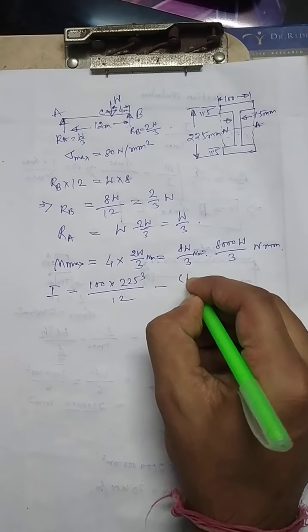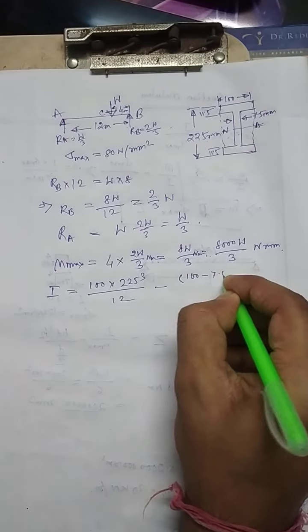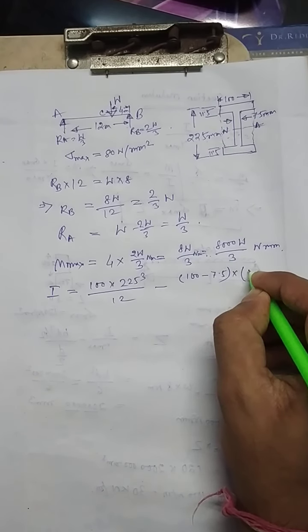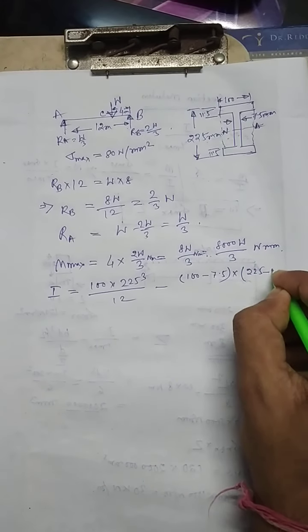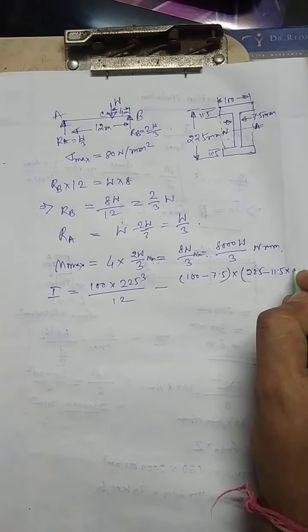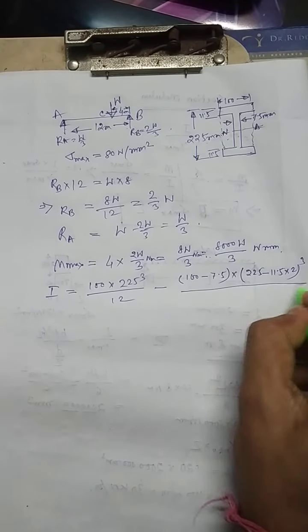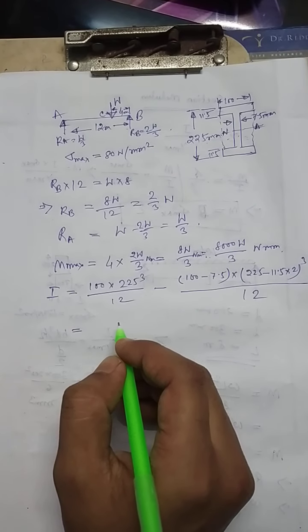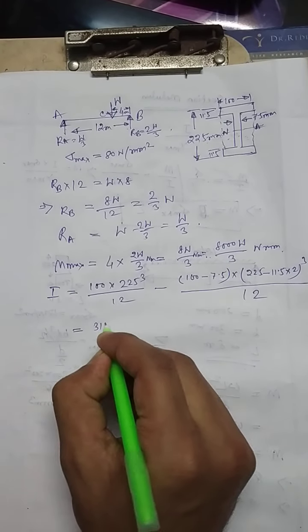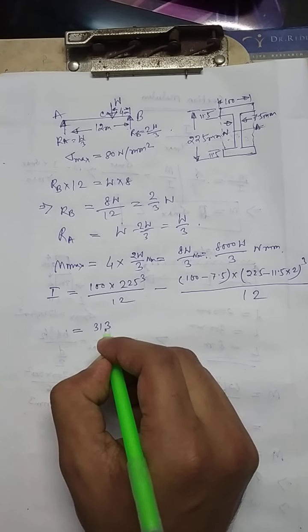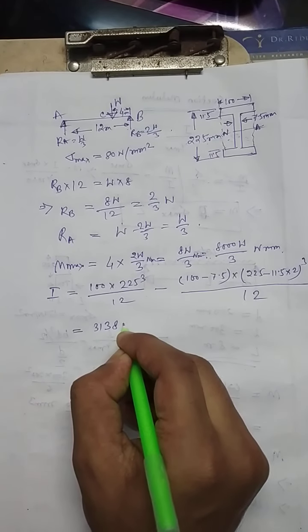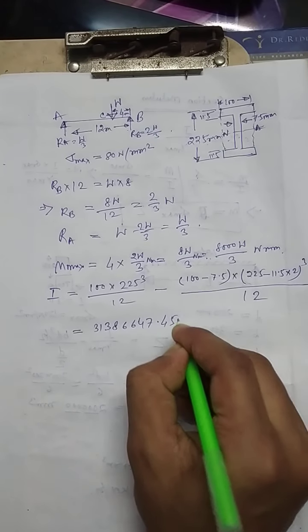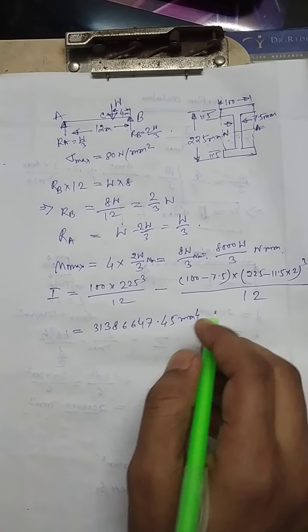The width is 100 minus 7.5, into depth 225 minus 11.5 into 2, cubed, by 12. If we find the answer, we will get 31386647.45 mm to the power 4.